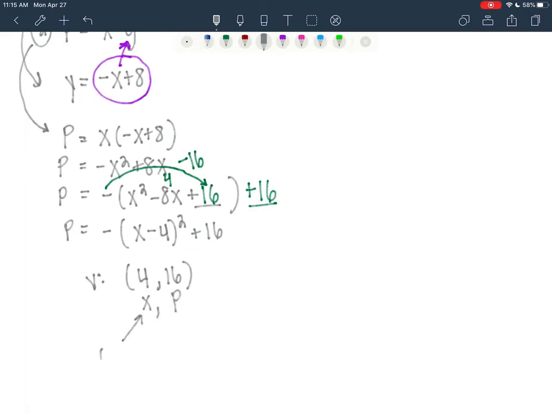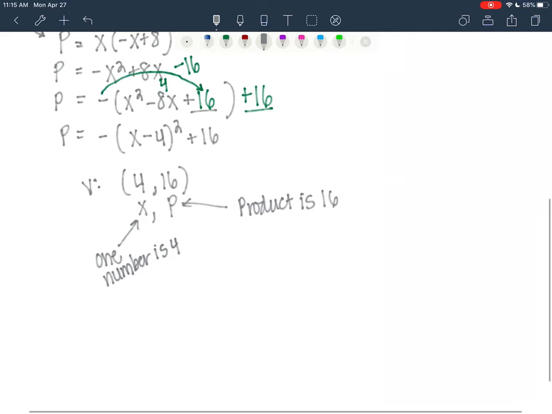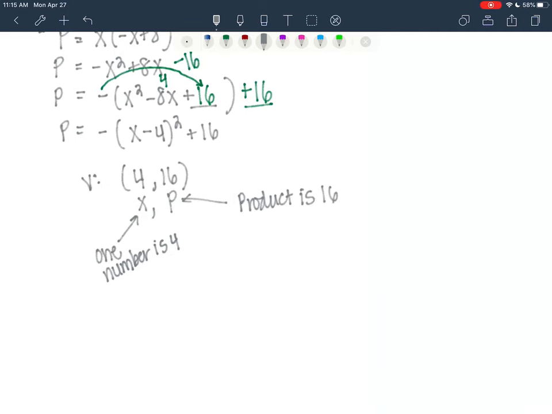So one number is 4, and the product of the two numbers is 16. So 4 times something is 16. So one number is 4. One number is 4, and the other number must also be 4 if their product is 16.